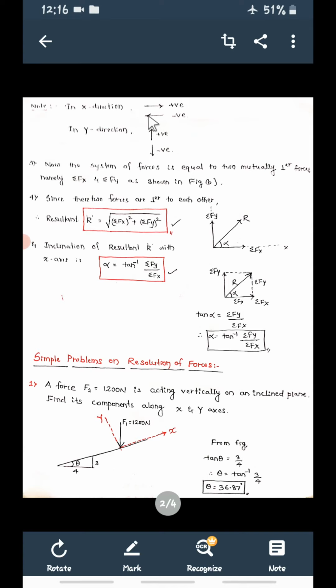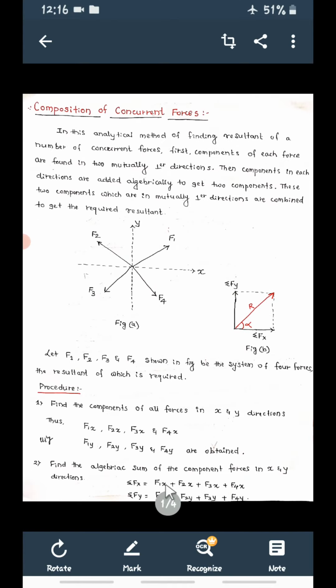In y direction, upward forces are positive and downward forces are negative. So depending upon positive and negative, you have to add the sign convention: F1x minus F2x minus F3x plus F4x. According to sign, add, and we will get summation Fx. It may be plus or it may be minus.